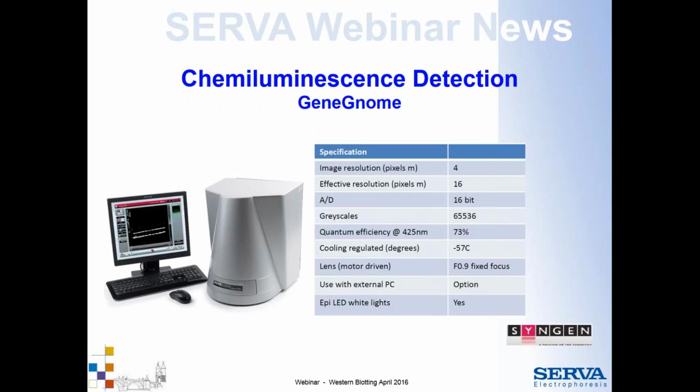One system which is only for chemiluminescence detection is the GeneGnome from Syngene. It is a very easy system to handle, and you will get your results very fast. It is suitable for a detection of miniature plots, 10 by 10 centimeters maximum.